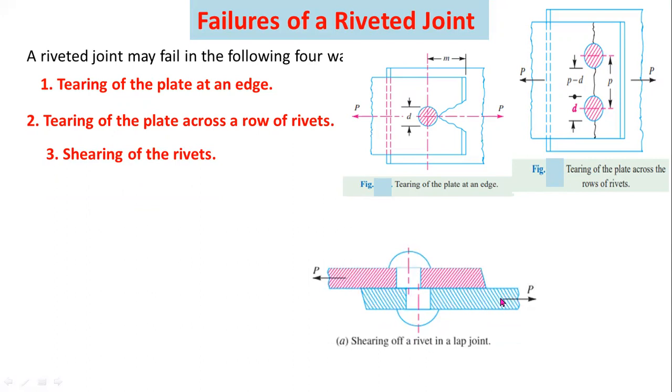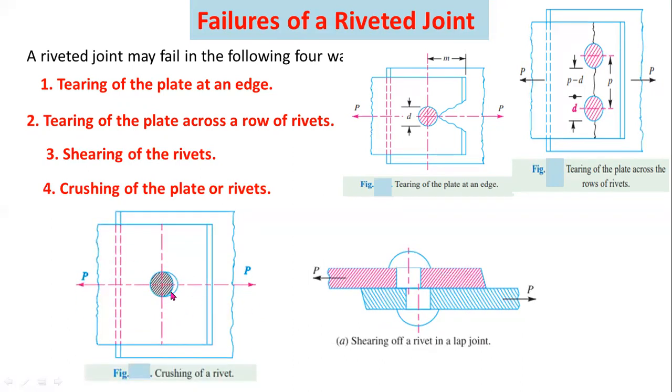When you are applying the tensile forces on the plates, the rivet may fail due to shear off. Fourth failure is crushing of the plate or rivets.